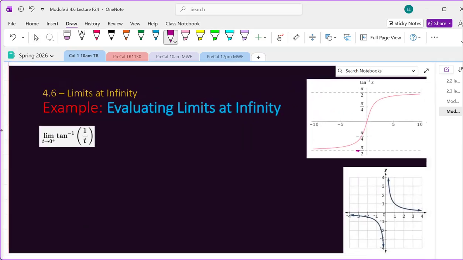So I can move my limit inside. So I'm looking at the inverse tangent of the limit as t approaches 0 from the positive side of 1 over t.